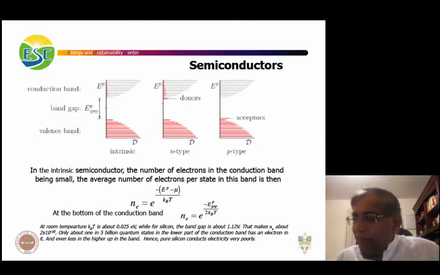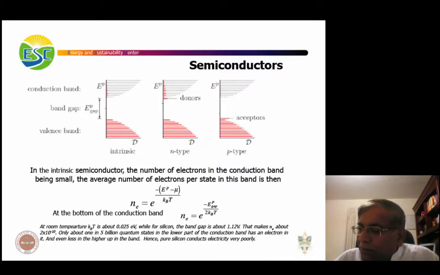So the doping of a semiconductor with a donor atom greatly increases the number of electrons in the conduction band, and it produces an n-type semiconductor. And doping a semiconductor with acceptor atoms greatly increases the number of holes in the valence band. It produces a p-type semiconductor.